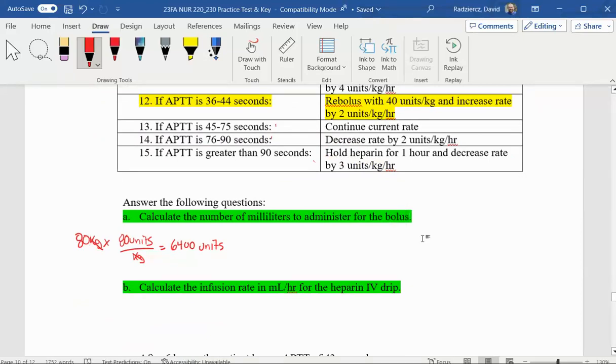So I'm going to take my 6,400 units and I'm going to convert the units, or get rid of units, for milliliters. And what did we say? 1,000 units per milliliter. So my bolus dose to get things started for my 176-pound patient is going to be 6.4 milliliters.